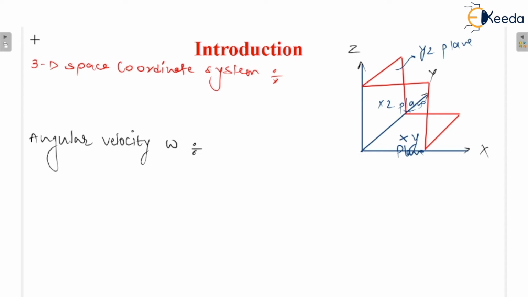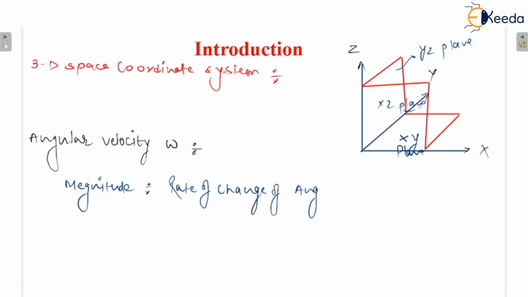The magnitude of angular velocity is the rate of change of angular displacement. Angular displacement is denoted as theta. This is the magnitude.